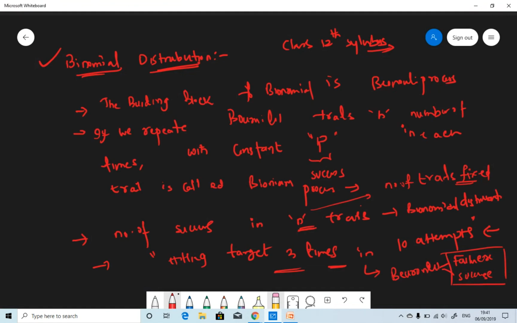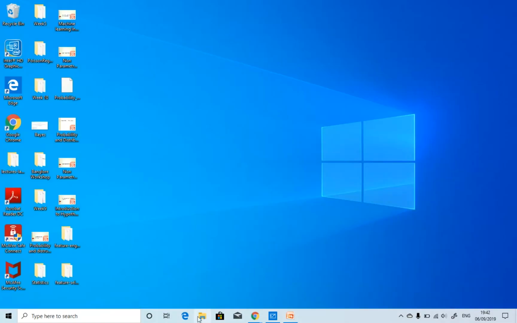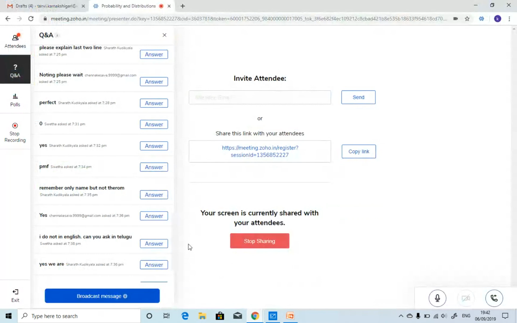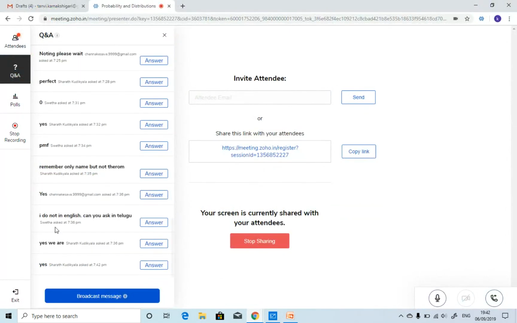Did you understand or not? Yes, no. Shweta, Chennakesava, Sharath, Manikandan, understood? The binomial distribution.